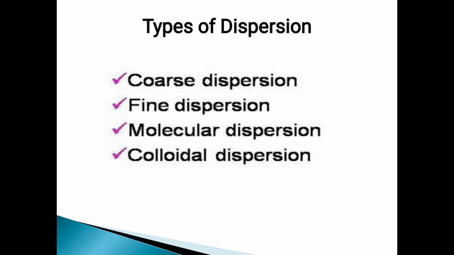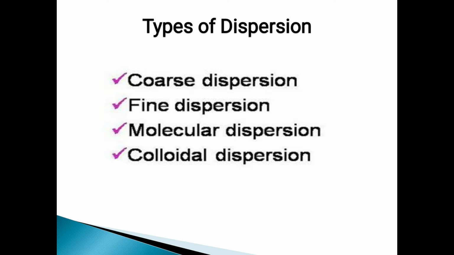Depending on the size range, the dispersion system has been classified into four types. And what is the dispersed phase? The dispersed phase is mainly particles which are distributed uniformly in the dispersion medium.